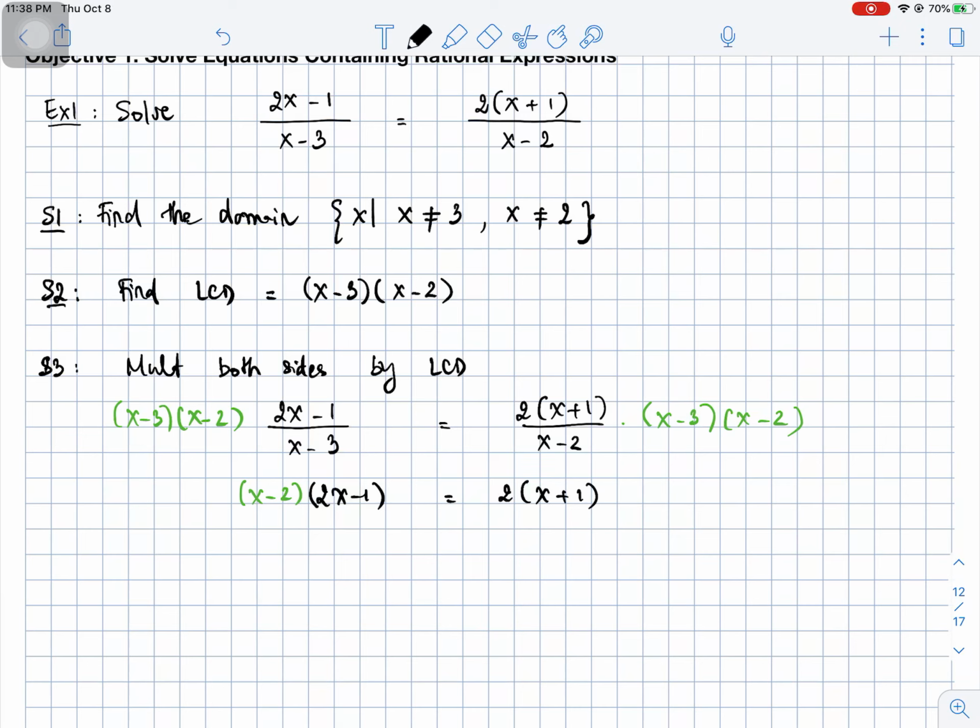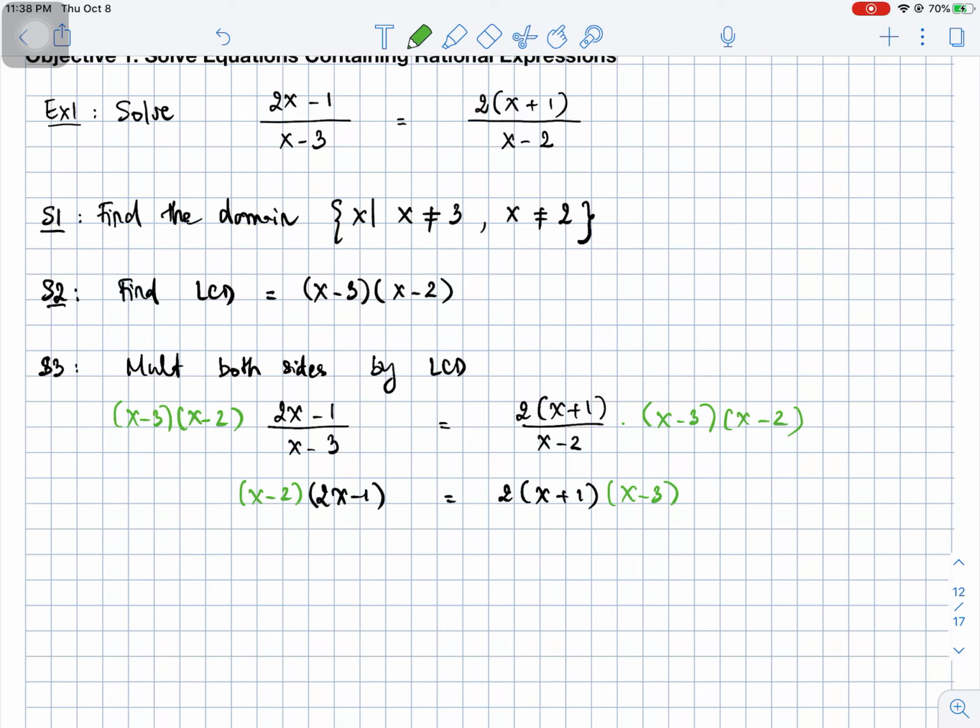Then we can cancel, and what we have left is (x minus 2) times (2x minus 1). From the other side we get 2 times (x plus 1) multiplied by (x minus 3). So far, what we get from this step is that we get rid of the denominator.